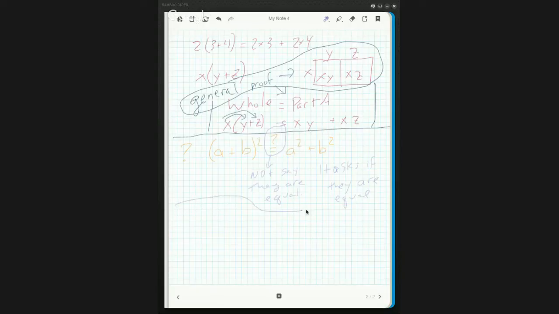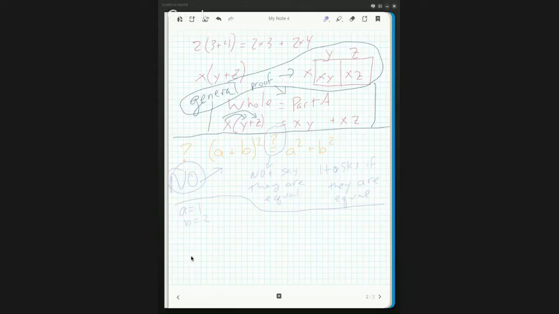Now, it looks reasonable to say that, but it is absolutely not true. And there's two ways the answer is no. One, you can just test with any numbers. You can disprove any conjecture by saying, well, let me plug in a number. Let's say A is 1 and B equals 2.